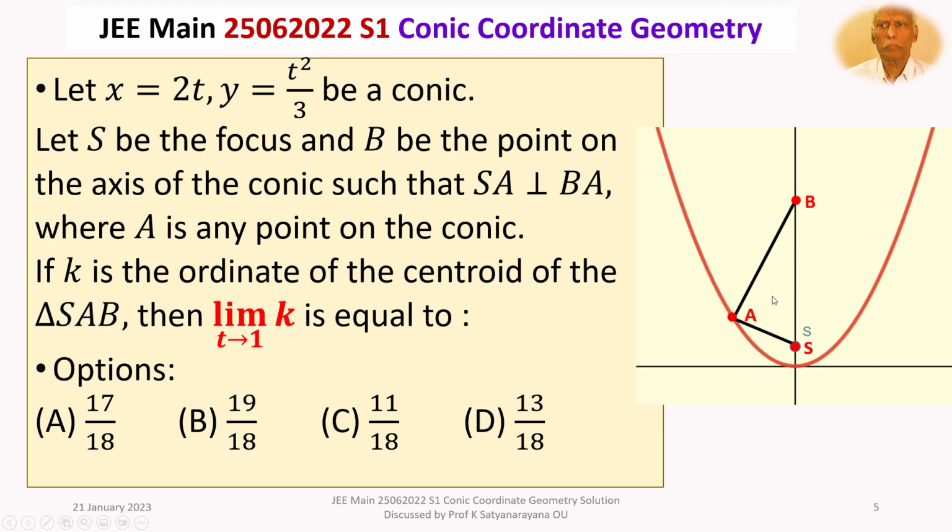Then the ordinate of the centroid of this triangle SAB is in the question, that is denoted by K, where you have to find limit t tends to 1 of K. So K is the ordinate of the centroid of this triangle SAB. Ordinate means the y coordinate of the centroid, and you have to compute limit t tends to 1 of K. That is the question.